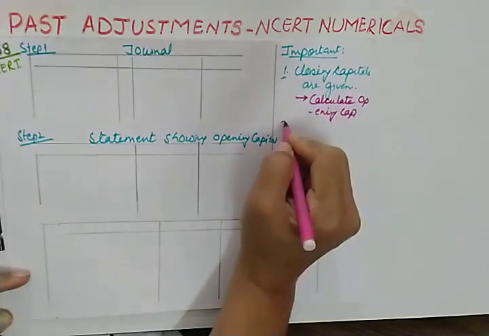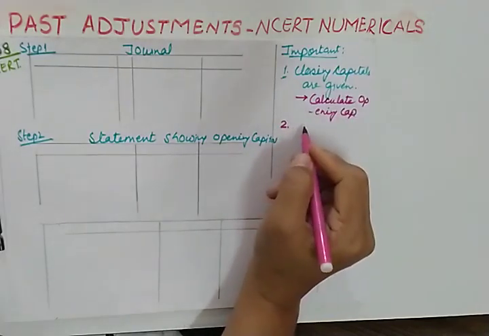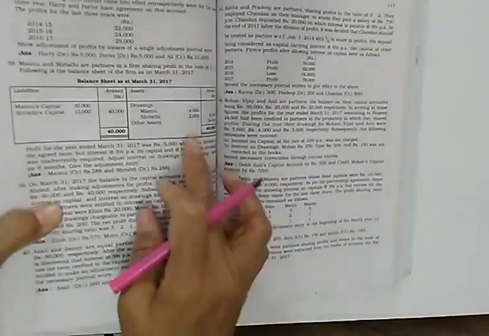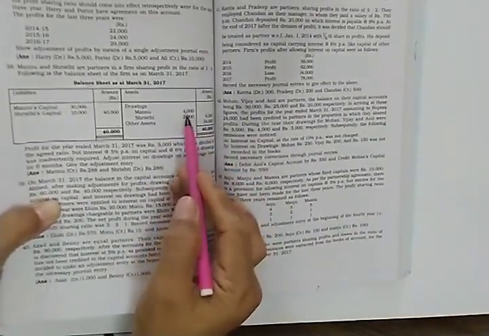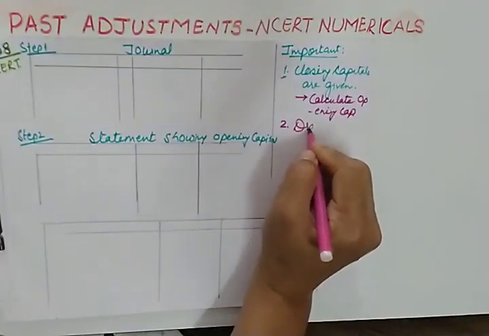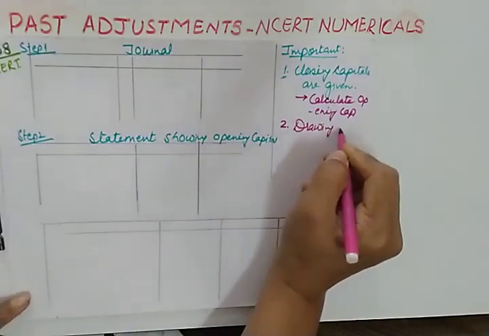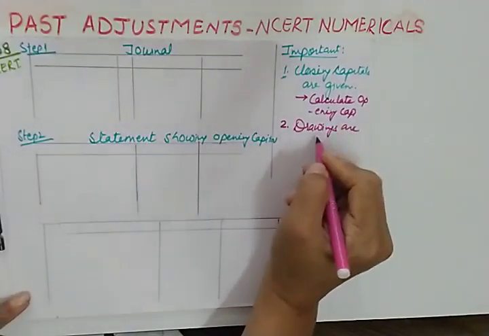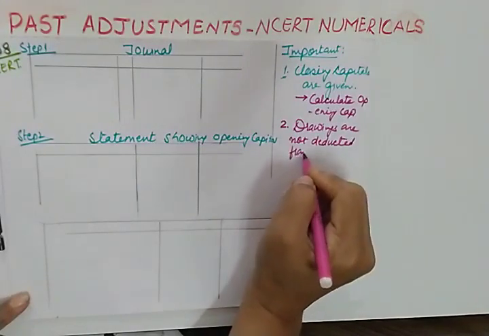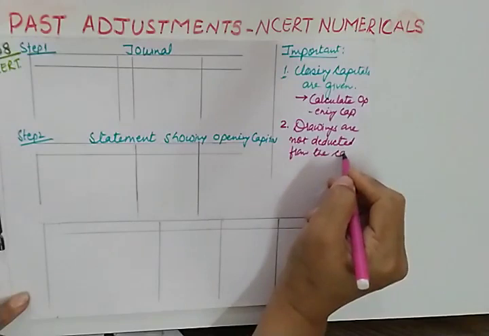And second important point is that drawings are given separately. Drawings are given on the asset side of the balance sheet. So drawings are not deducted from the capital.